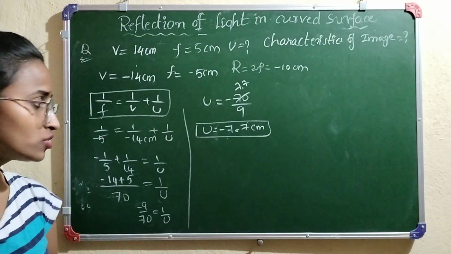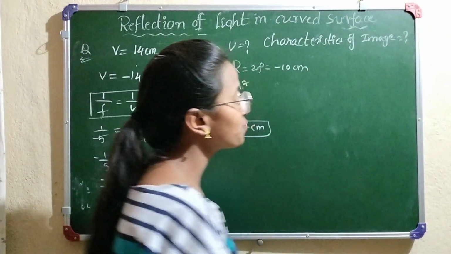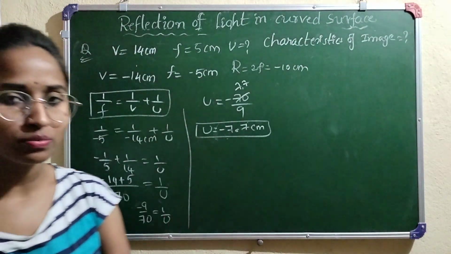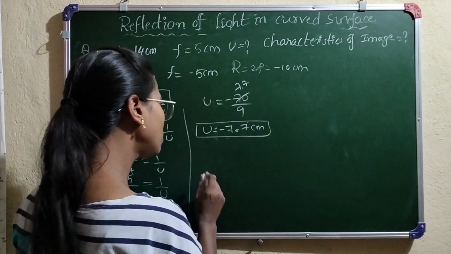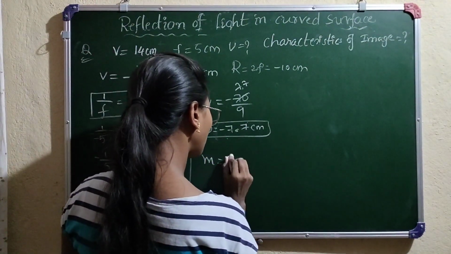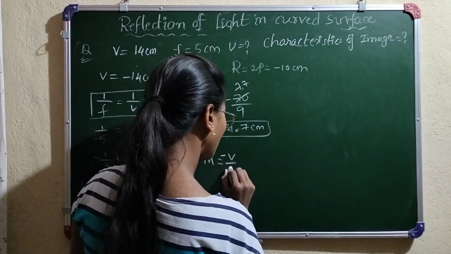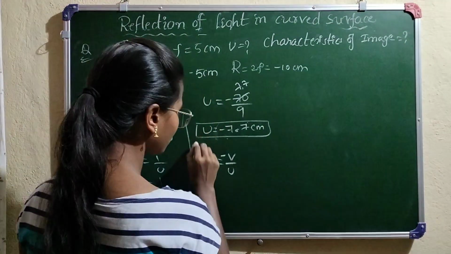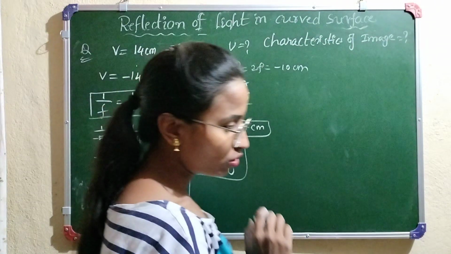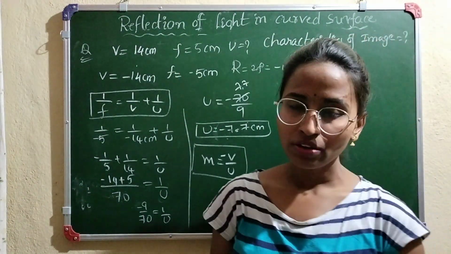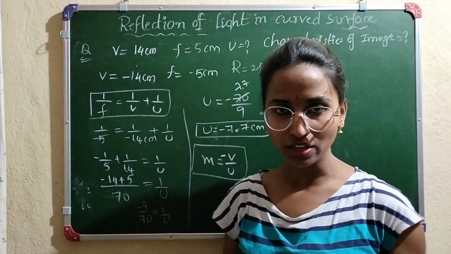Am I clear? So now our one more task is we also have to tell the characteristics of the image. So now here you have to write the magnification value. If we have the height of the object and height of the image, we have to go for the hi by ho formula.